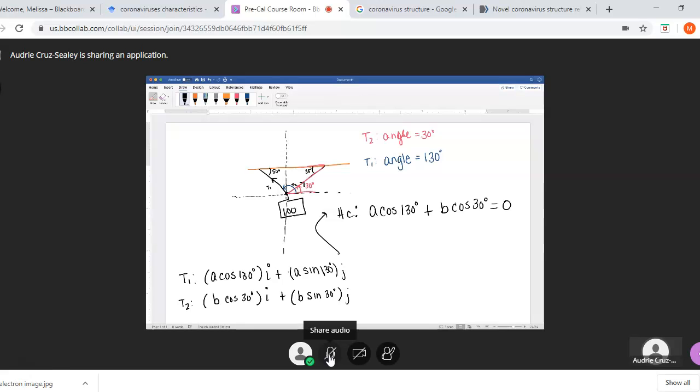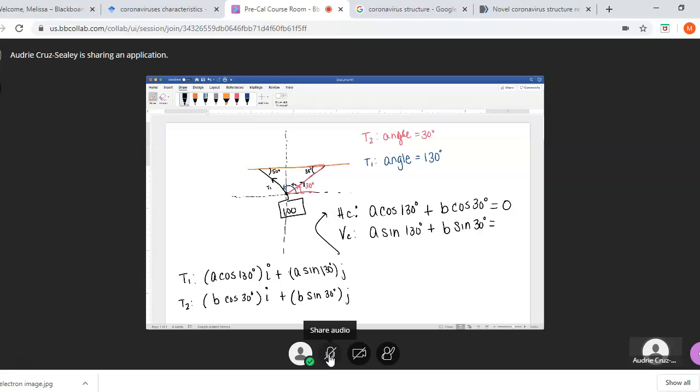Because you said I wasn't pulling either part of the string left or right. So both of the horizontal components together have to equal 0. And then if I think about the vertical components, that means that A sine of 130 plus B sine of 30 has to equal what?